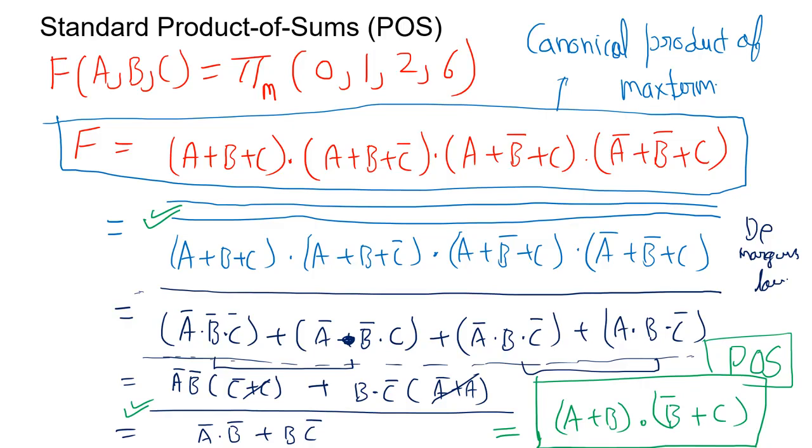Standard product of sum or standard sum of products are the minimization forms, but when we say canonical product of maxterm or canonical sum of minterms, we are talking about the full length expression, where in each place all three literals, all three variables A B C, are there, either in direct normal form or complemented form. Whenever they say four variable circuits, all four should be there. So this is the way you can represent them.